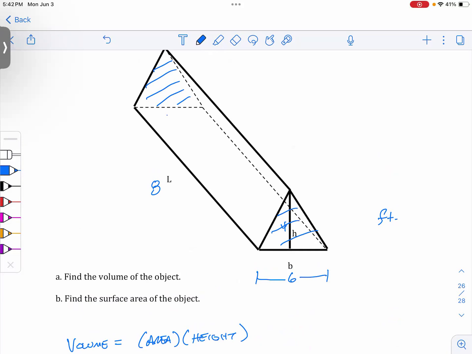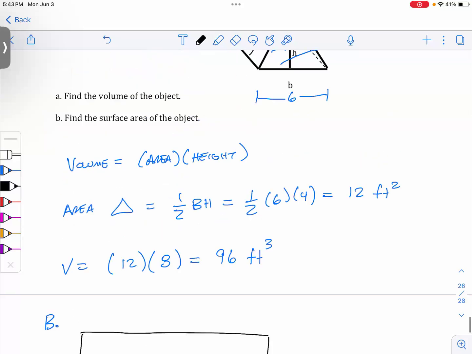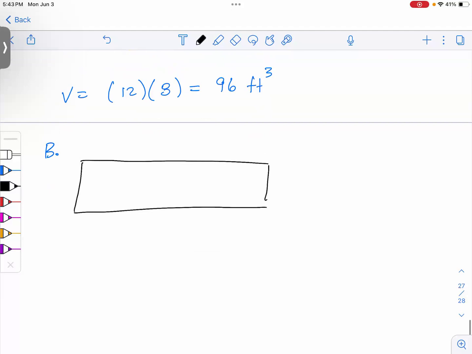This bottom rectangle down here doesn't actually look too bad. That bottom rectangle has a base of 6 feet and a length of 8 feet. So the area of that rectangle is 48 feet squared.